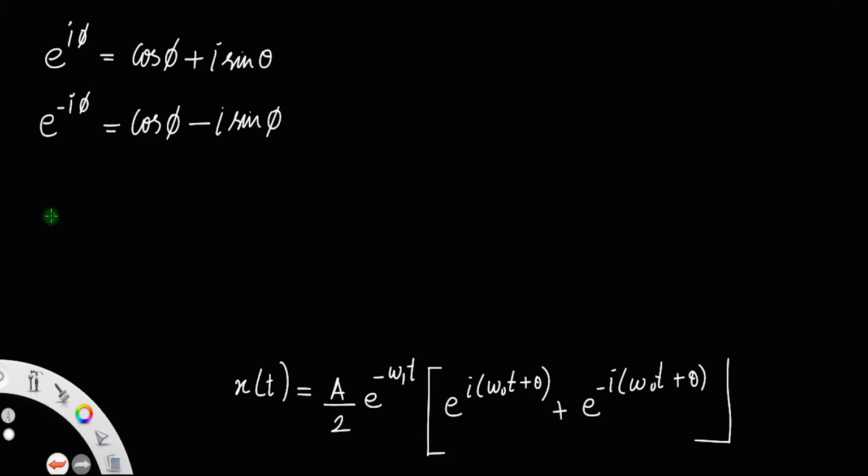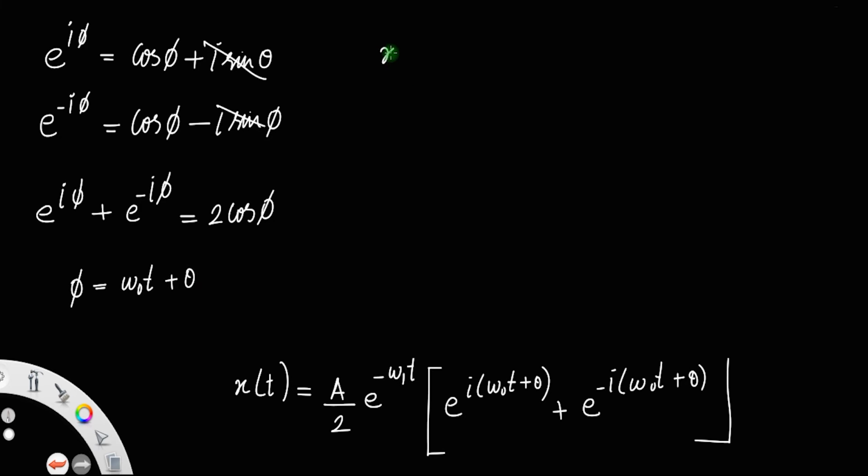If you add these two equations, e raised to i phi plus e raised to minus i phi is equal to 2 cos phi, as the sine terms cancel. Here phi is equal to omega 0 t plus theta.